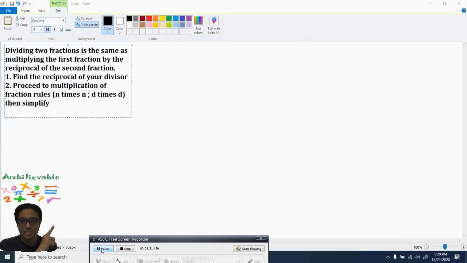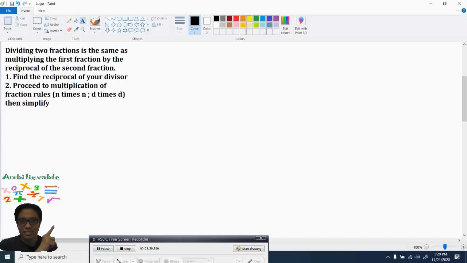Let us proceed into the division of fraction. Dividing 2 fractions is the same as multiplying the first fraction by the reciprocal of the second fraction. You have to follow 2 rules in division of fraction. Number 1, find the reciprocal of your divisor.